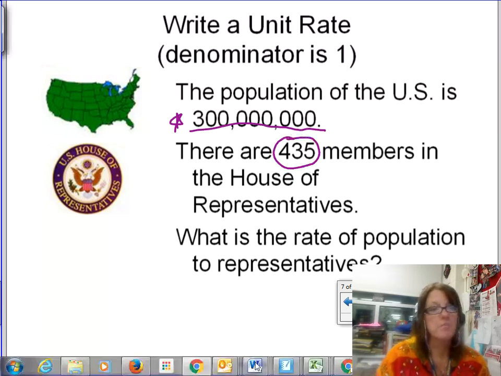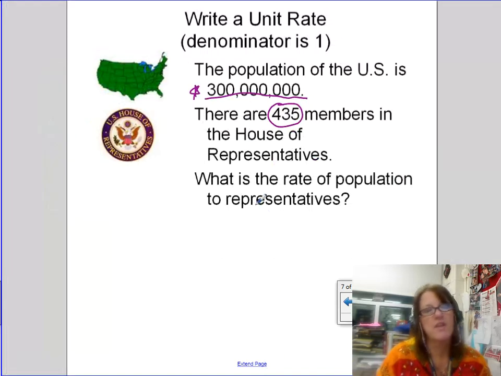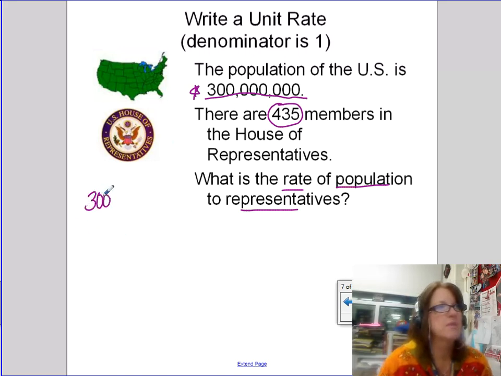They calculate the representation every 10 years once they do the census, to see if they need to do some shifting with how these 435 members of the House are allocated amongst the states. But basically, here's what I'm asking. What is the rate of the population to the representatives? Now, it's still people to people, but it's different people.